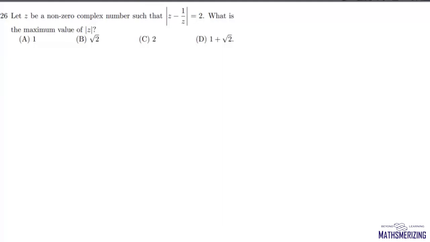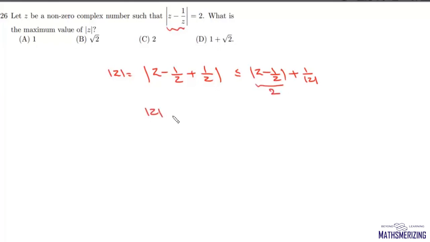Now question number 26 is a standard complex number question. We need to find the maximum possible value of mod z if mod of (z minus 1 upon z) is equal to 2. Now we can write mod of z as mod of (z minus 1 upon z plus 1 upon z), and we know that this is always less than or equal to mod of (z minus 1 upon z) plus mod of (1 upon z). Now it is given that mod of (z minus 1 upon z) is 2, so we'll take this as 2.